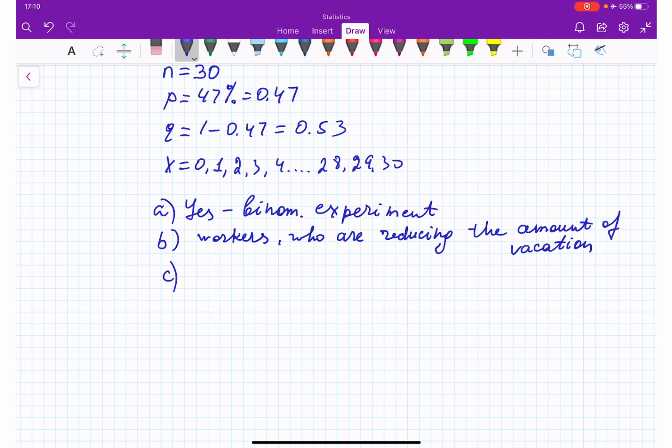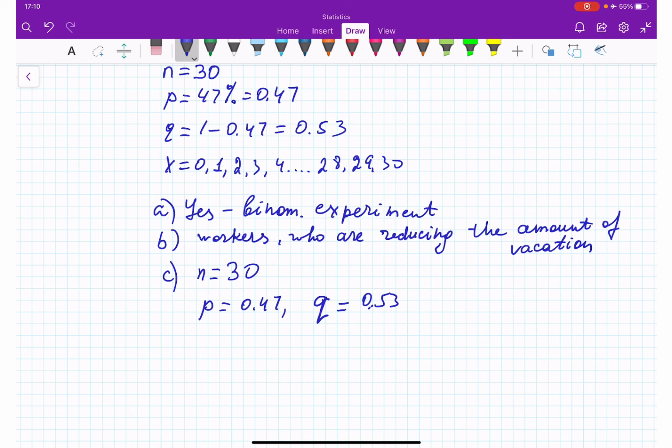Next, the value of n, we already have it. I can write down total amount of trials is 30. What else do we have? Probability of success. I already did all this. So probability of success is 0.47. Accordingly, probability of failure is 0.53.